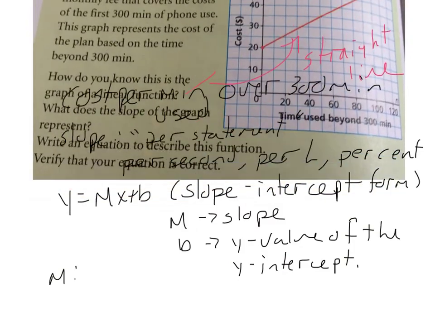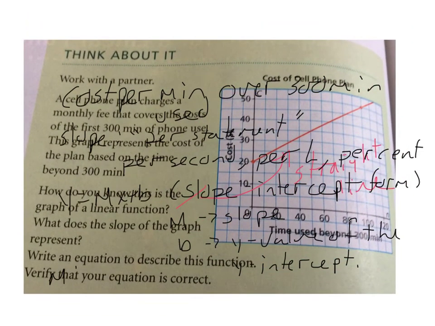Actually, maybe I can. I'll do it in blue. We're going to start at this point. We're going from 20 to 100, or 20 to 50, 0 to 100. So, up 20 over 100. 20 over 100.